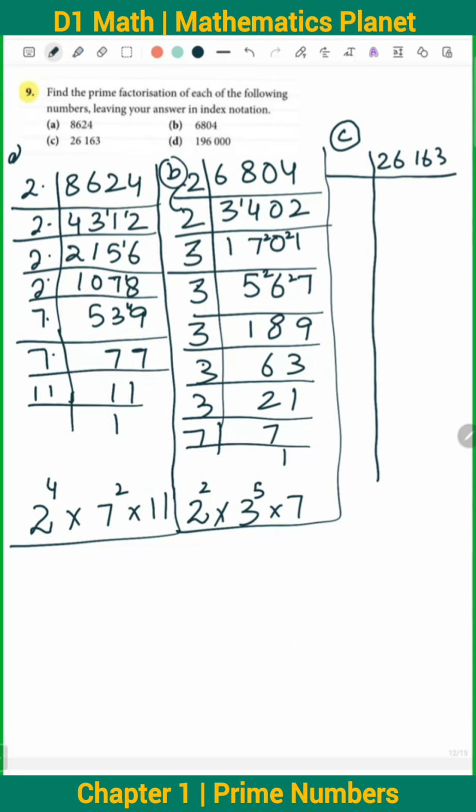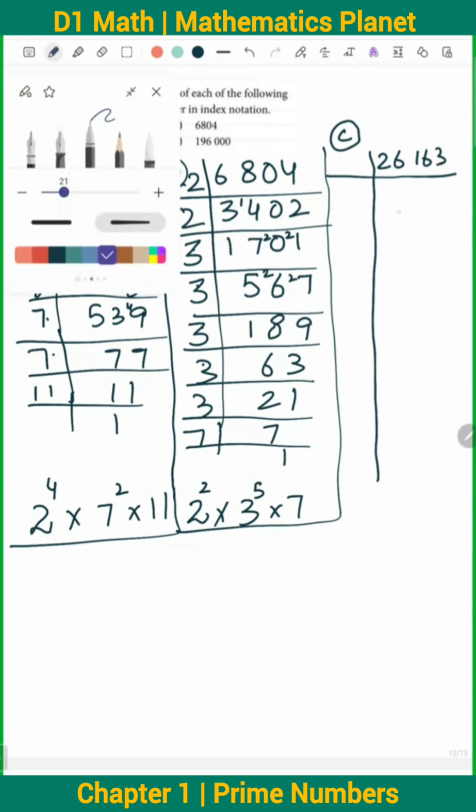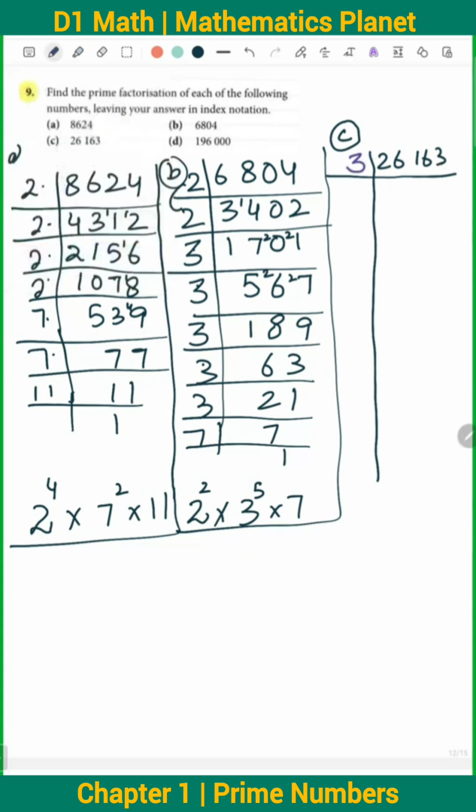Okay, so now see. This is 3 at the end and the sum can be divisible by 3. Let's start with 3. 3 times 8 is 24. 3 times 7 is 21, 2 is 6, 1 is 3. 3 times 2 is 6, 9 is 27.